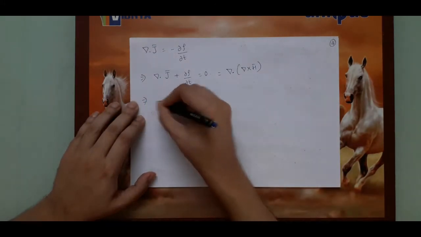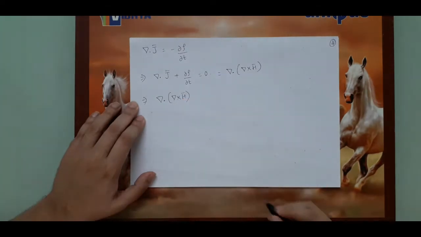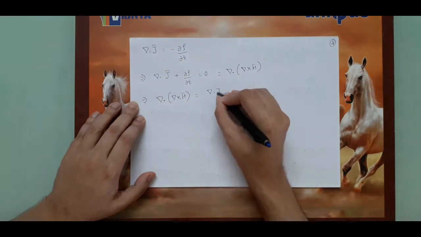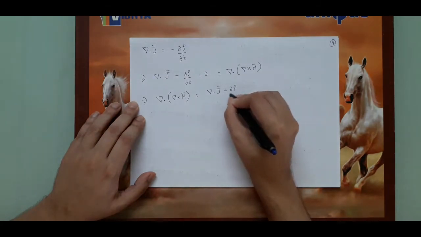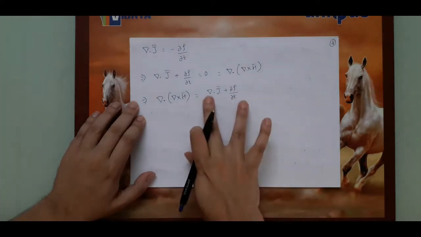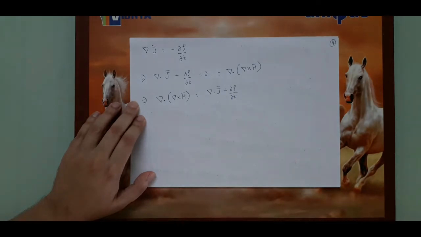So I can say the divergence of the curl of the magnetic field intensity is nothing but, so this has to be 0, and we have just proved that as per the equation of continuity, the right hand side term is also 0.